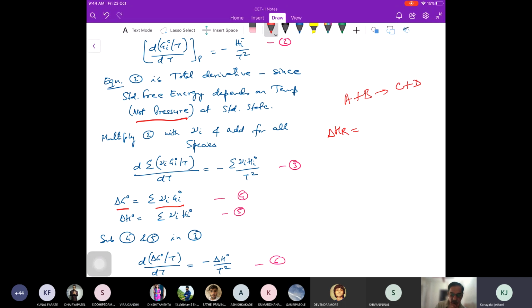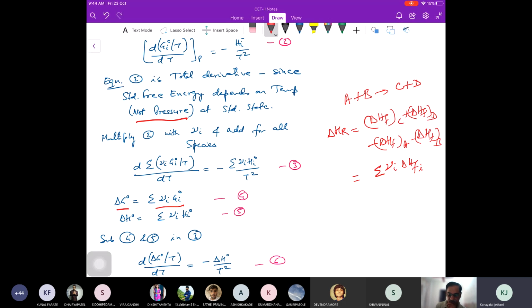So it was essentially delta H of formation of C plus delta H of formation of D minus delta H of formation of A minus delta H of formation of B. It is nothing but summation of nu i delta H formation of i.